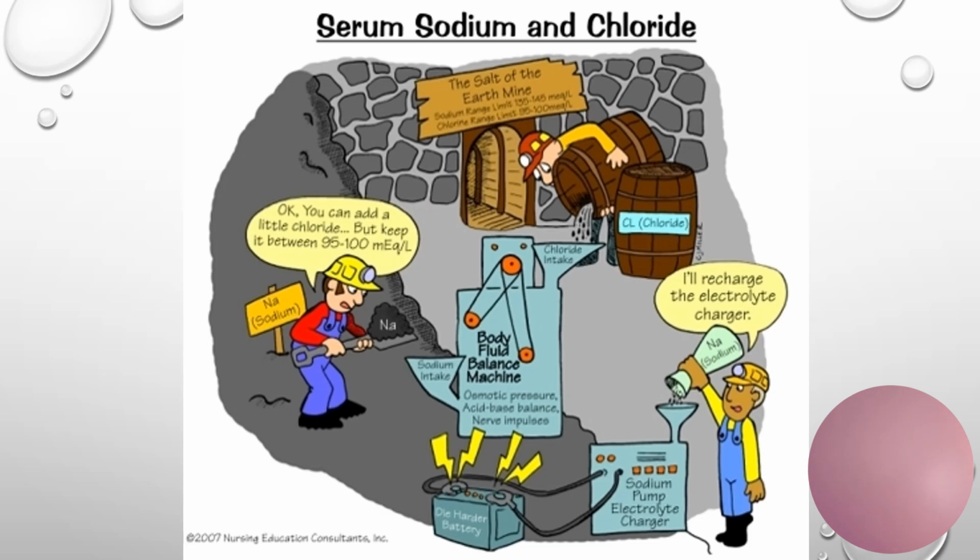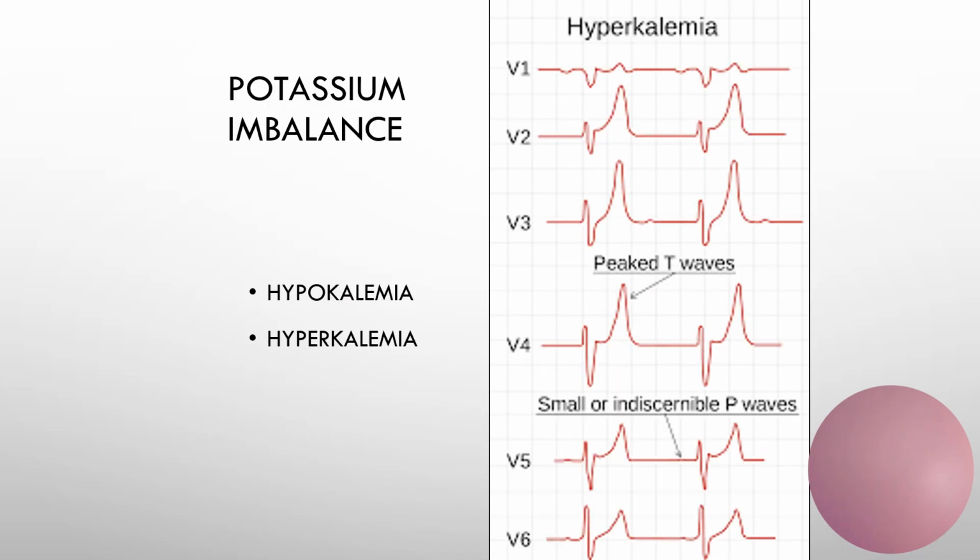And a mnemonic to just help you remember some of this material. With potassium imbalance, its function is to help maintain normal nerve and muscle activity. It has to be maintained for neuromuscular responses to stimuli, and it is vital for cardiac, skeletal, and smooth muscle activity.